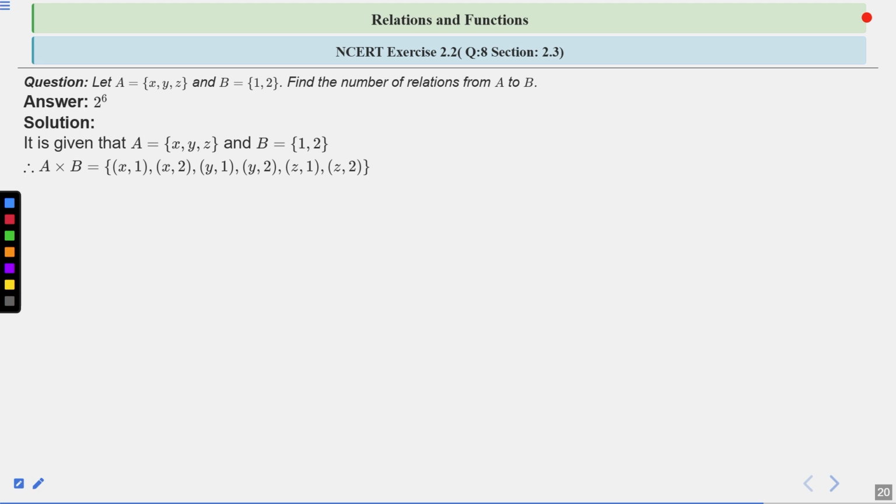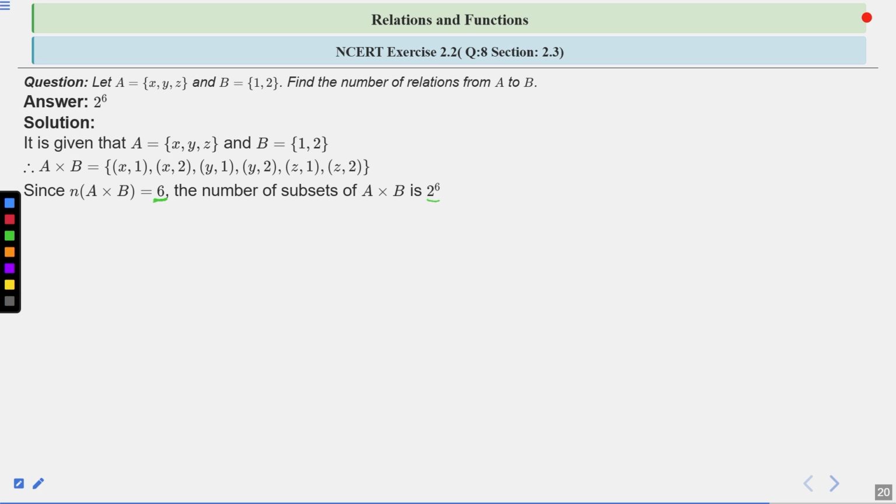First of all, in order to get the relation, you must know about the A cross B Cartesian product. How many elements do you have? How many ordered pairs? 6: (x,1), (x,2), (y,1), (y,2), (z,1), (z,2). These are the 6 ordered pairs in the Cartesian product A cross B. Now, we know that the number of subsets of any set having, say, 6 elements is simply 2 raised to power 6.